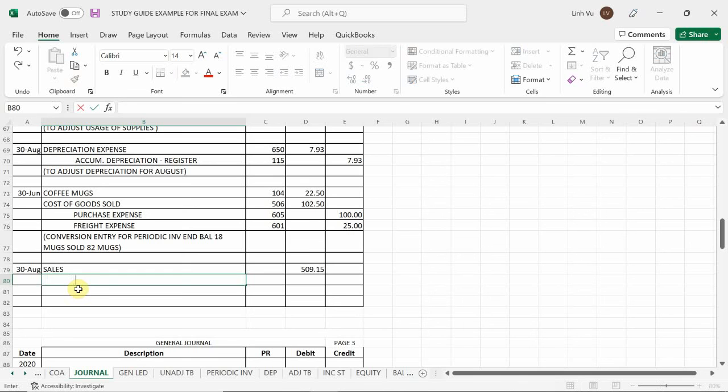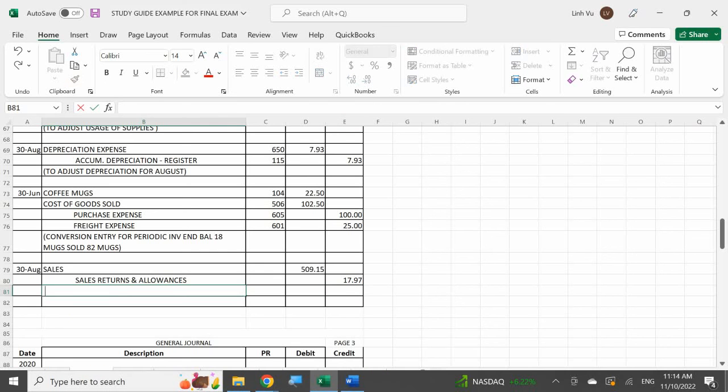Okay? Sales returns and allowances for that $17.97. So therefore, that's all the revenues I have. So I also need to include the income summary, right? Because I'm closing them out to my income summary.